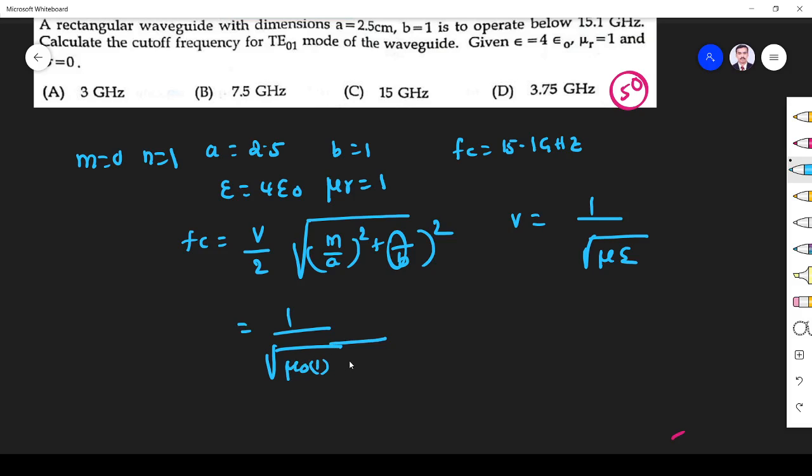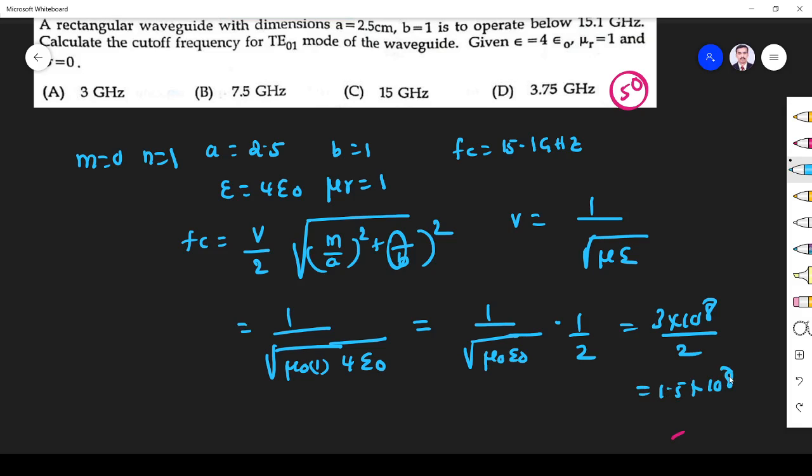Epsilon is equal to 4 epsilon naught. So it is 1 by root of mu naught epsilon naught, root of 4 is 2, so it is 1 by 2. 1 by root of mu naught epsilon naught is 3 into 10 power 8, so that is 1.5 into 10 power 8.